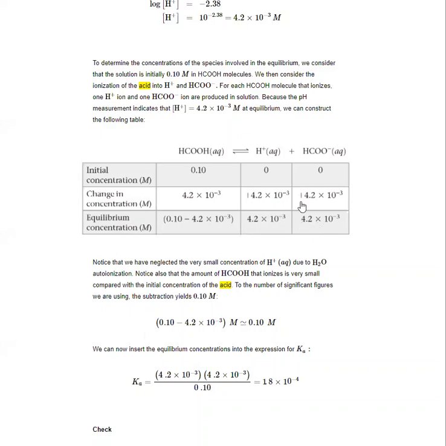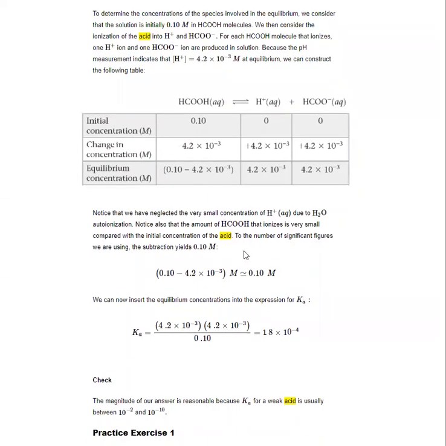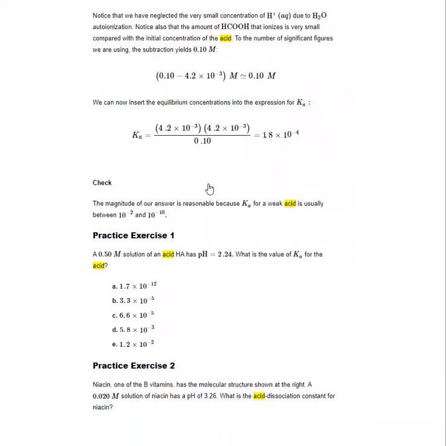So you know that the final hydrogen concentration is going to be 4.2 times 10 to the negative third. That's what we calculated up here. Plug that in, find your changes to be the same exact thing because it's all a 1 to 1 to 1 mole ratio. And then you use these numbers in your equilibrium expression. That's just basic equilibrium ice box steps.